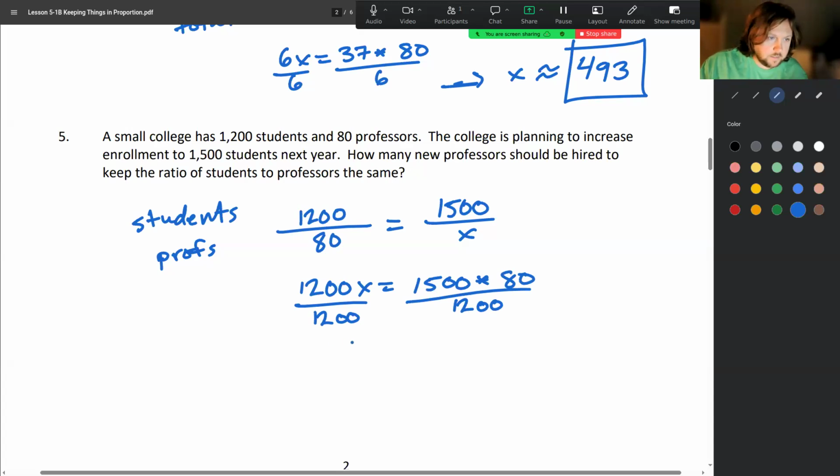And I get x equals 100. So now that's how many professors they have to have. So now the question was how many should be hired? So then I'm going to take 100 minus how many are currently there, which is 80. So 20 need to be hired.